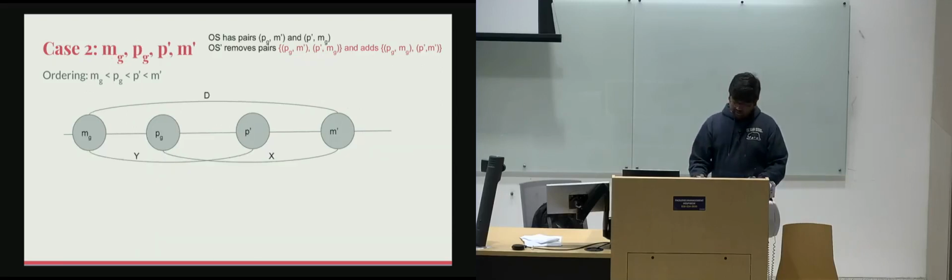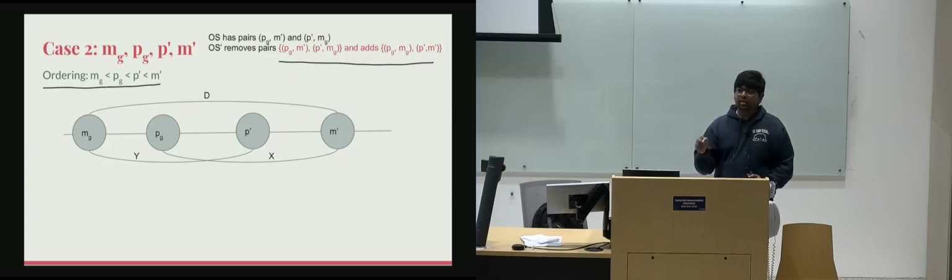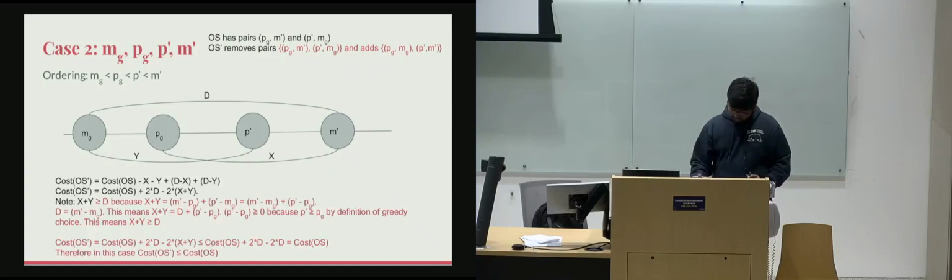Let's try this case 2. So here we are going to do the exact same thing. This step remains the same. Only thing is this ordering, it keeps changing according to your cases. So in this one, we will get something like this.